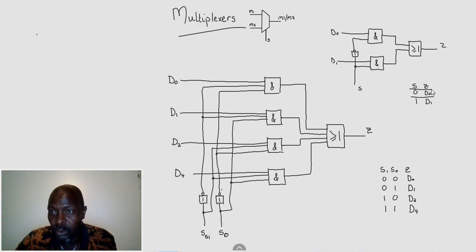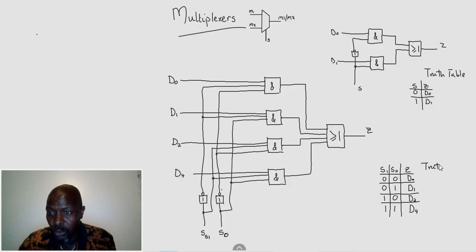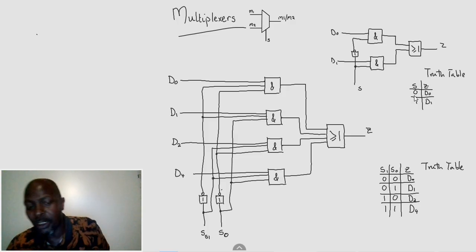This is what I did not show, the truth table. I did explain how it works, I just didn't explain the truth table. So as you can see, with one switch you're able to choose only 2, since 2 to the power of n, to the power of 1, gave you 2.